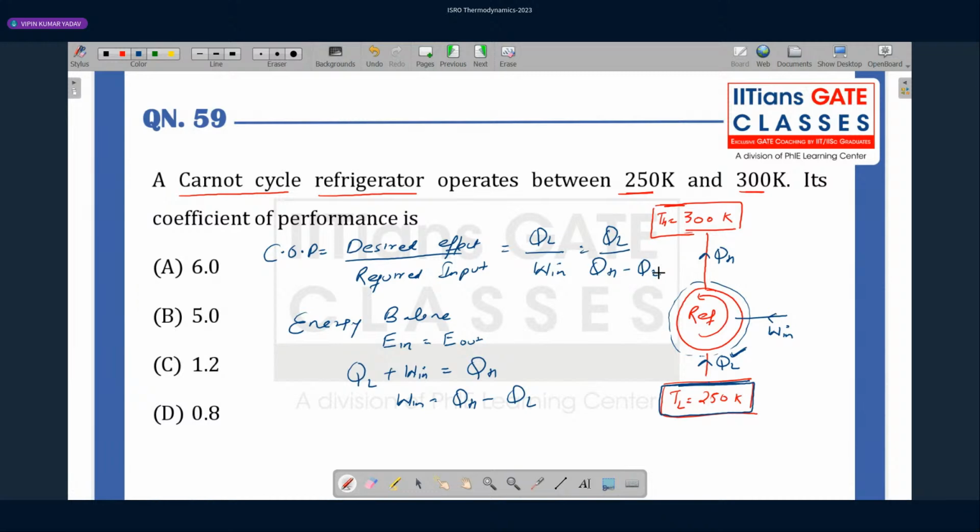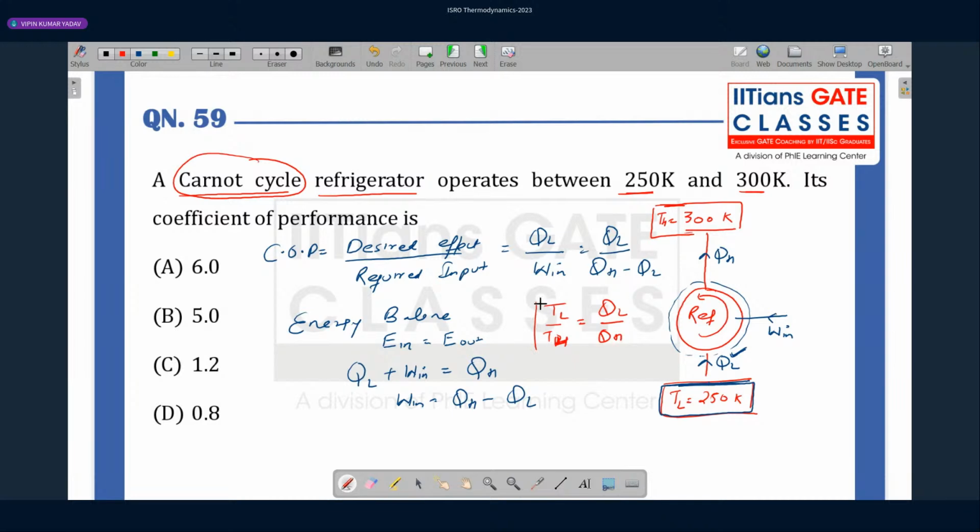But still I am not able to find out COP. I know it is a Carnot refrigerator, and for a Carnot refrigerator, TL by TH, T lower by T higher, is equal to QL by QH.